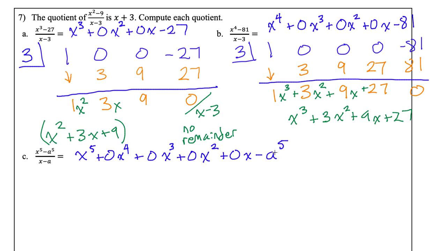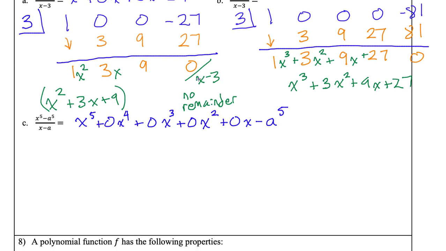Which means my coefficients in my synthetic division are 1, 0, 0, 0, 0, negative a to the power of 5.